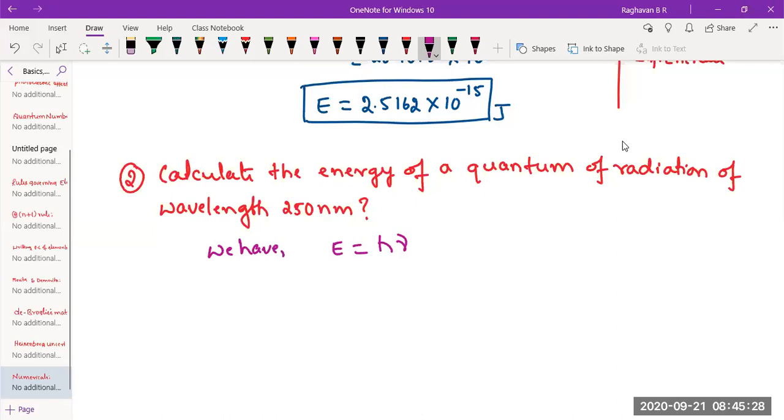Anybody else? 1656.25 into 10 to the power 40. I'm a little doubtful about 1 point something. Anybody else?